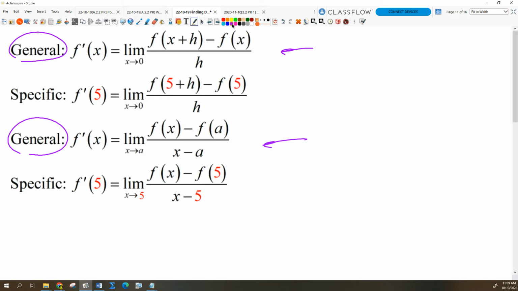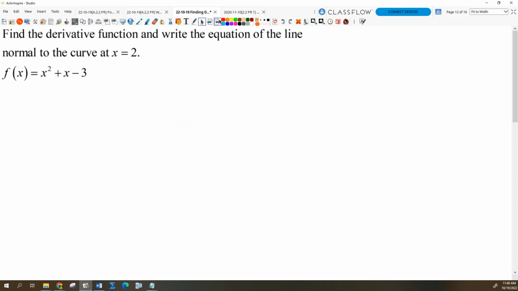It's totally general. If I want to be specific, I could do that too. I could calculate specifically f prime of 5 by just replacing the x with a 5 and taking this limit. I could also just calculate f prime of x and then plug in 5. Either way, doesn't matter. We'll do it both ways, time to time.